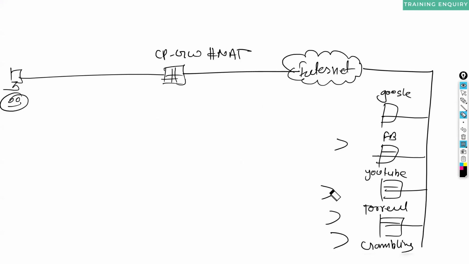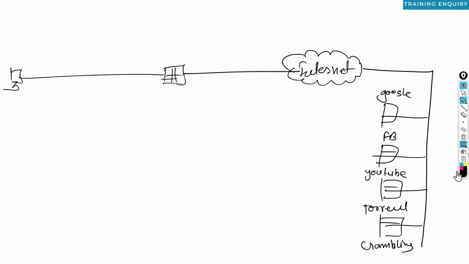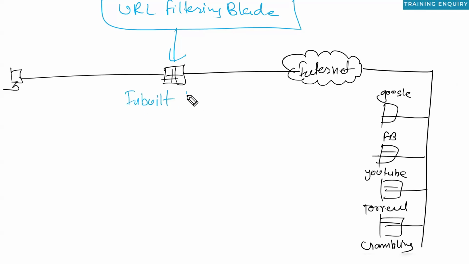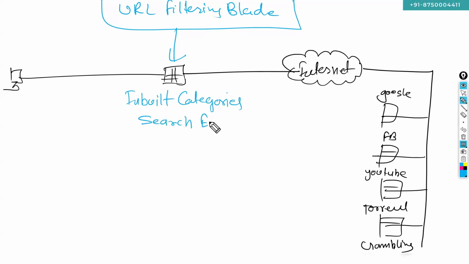For that, we will enable the URL filtering feature. The Checkpoint Firewall has a URL filtering blade. We need to enable that. When we enable it, the Checkpoint URL filtering blade already has inbuilt categories, like Google. Google belongs to search engine.